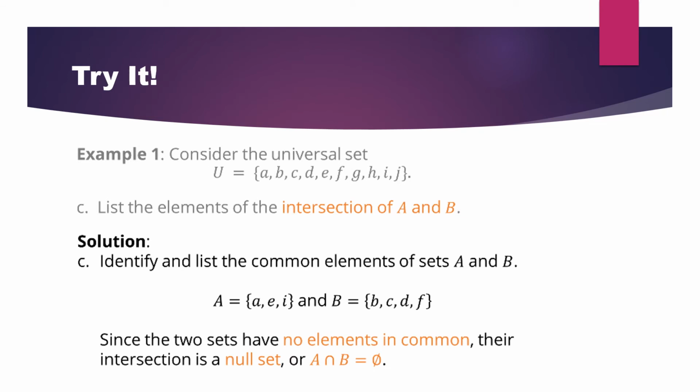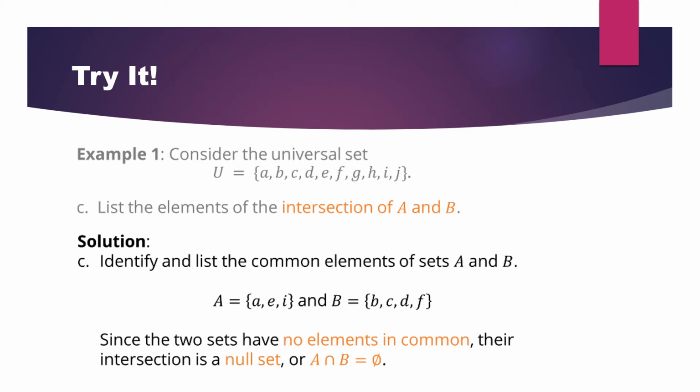Next, letter C. List the elements of the intersection of A and B. Now let's identify the intersection of sets A and B. For the solution, identify and list the common elements of sets A and B. For set A, we have A, E, I, and B is B, C, D, F. Since the two sets have no elements in common, their intersection is a null set.